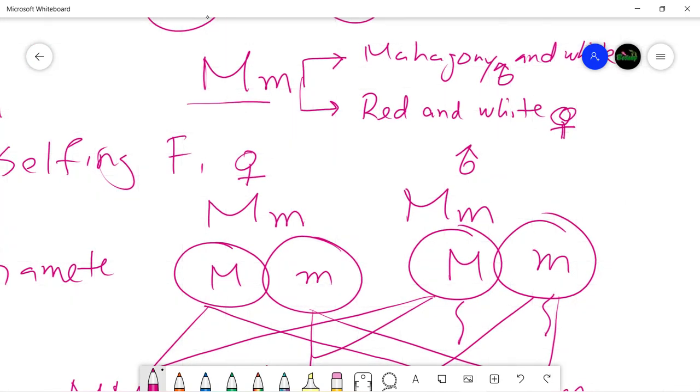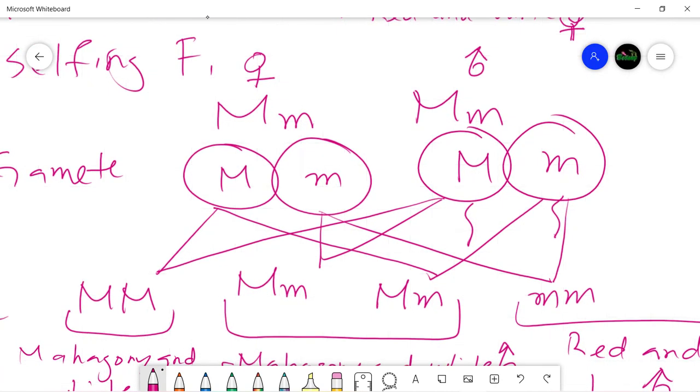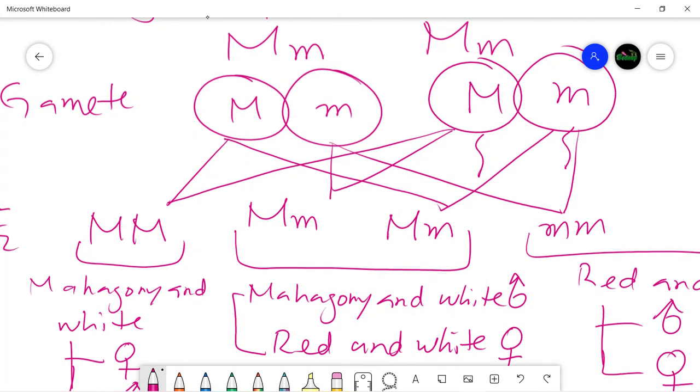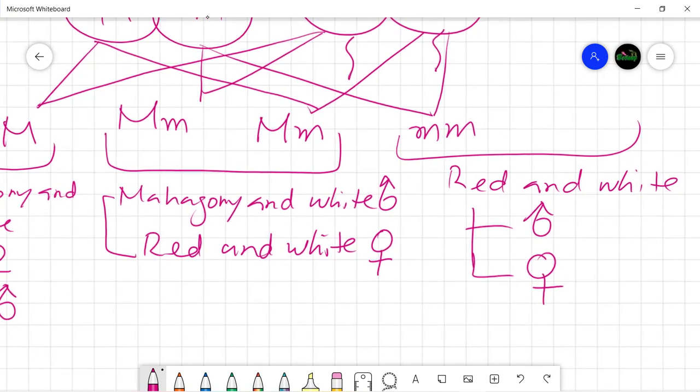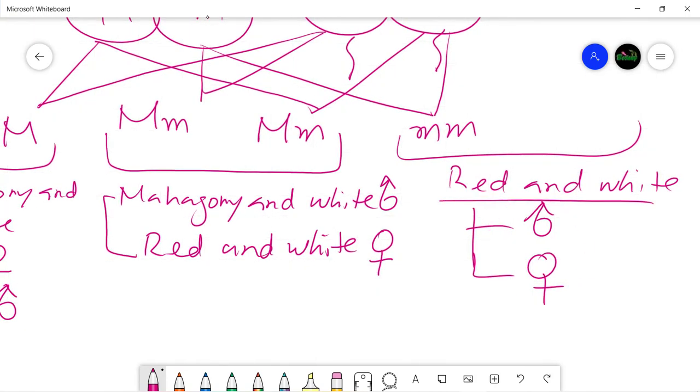And if these two heterozygous individuals are selfed, this is the result that we obtain in the F2. The homozygous uppercase MM, both in male and female, will show the phenotype mahogany and white. Similarly, the recessive lowercase mm, their phenotype would be red and white, both male and females.